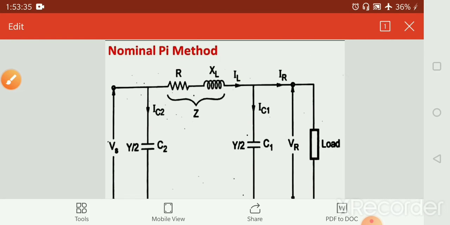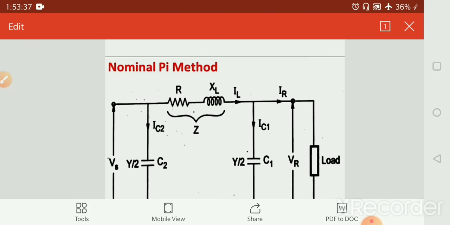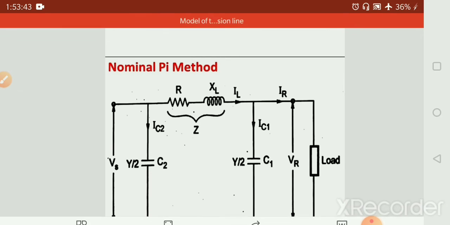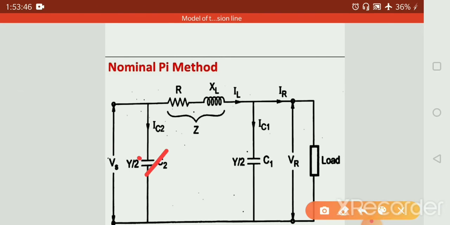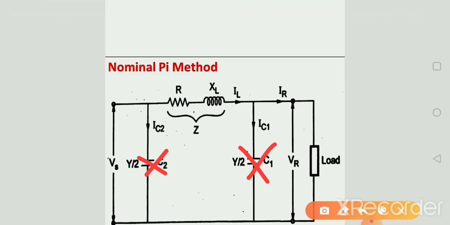Now we apply the formula of loop 1, neglecting all the effect of capacitance.